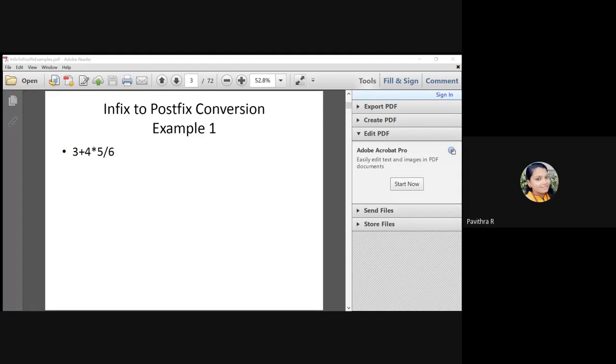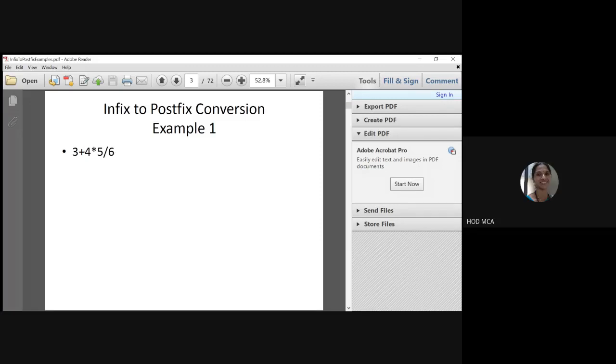3, 4 into 5, divide, slash 6, plus. 5 by 6 is already given here in the infix. So postfix means what? Operator should come after, is it not?